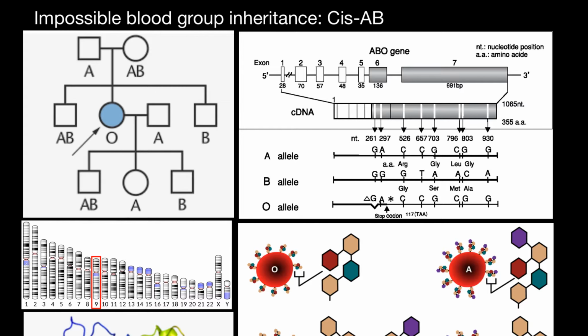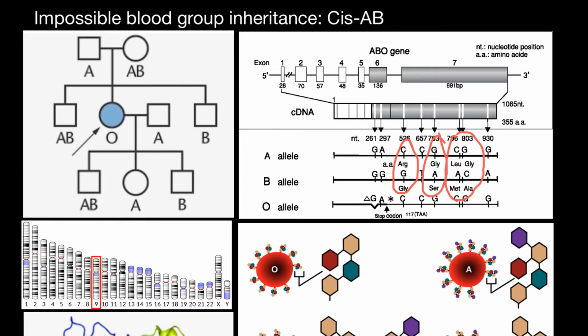But again, compare allele A and B, let's count how many different amino acids. For example, we have one change of the amino acid, second, third, and fourth. So just 4 amino acids out of 355 would be different between allele A and allele B.